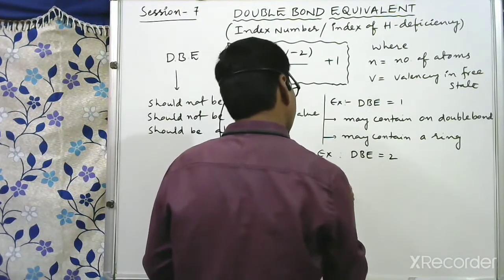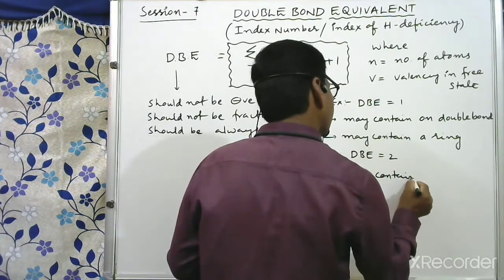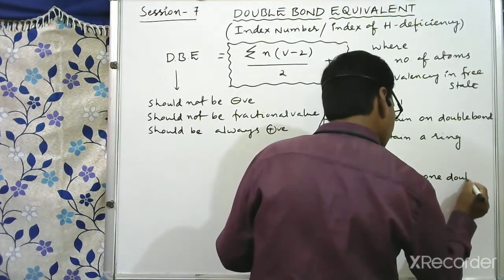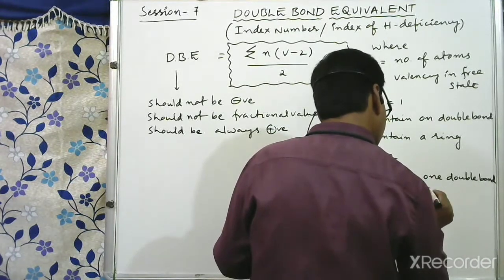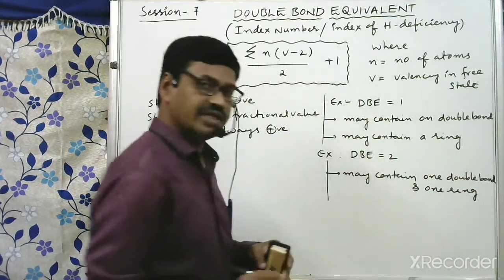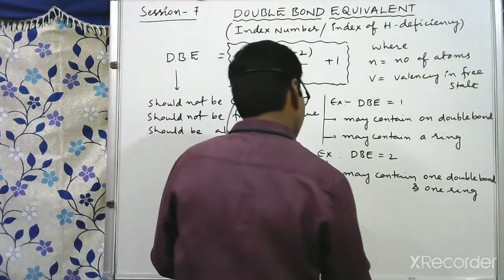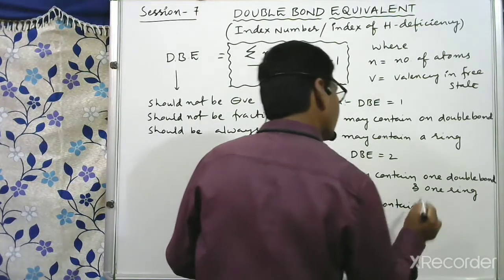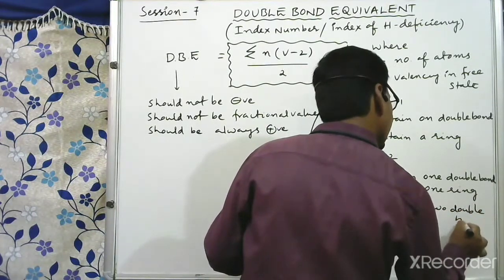It may contain one double bond and one ring. We have to try in this way. We have to try writing structures with one double bond and one ring, or it may contain two double bonds.